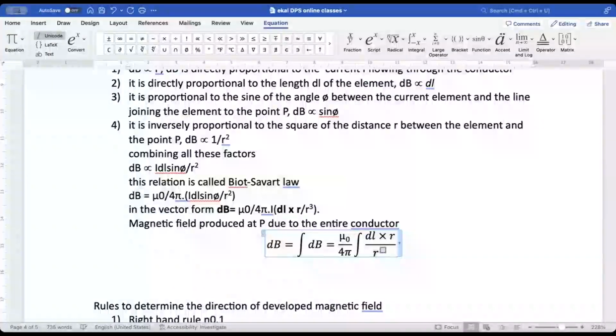This is r, this is 3. That's the equation, right?